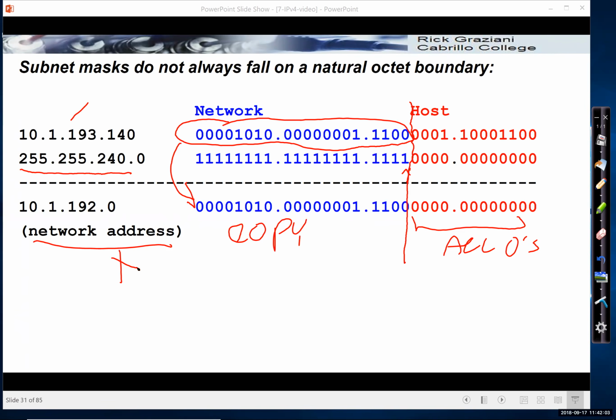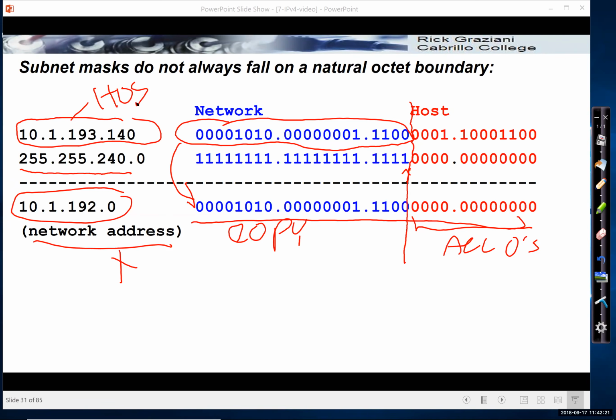So we just convert all of this binary to decimal, and you see that the network address is 10.1.192.0. Looks a little different, doesn't it? We can't just easily see from looking at the host address that 10.1.193.140 is on the 10.1.192.0 network.